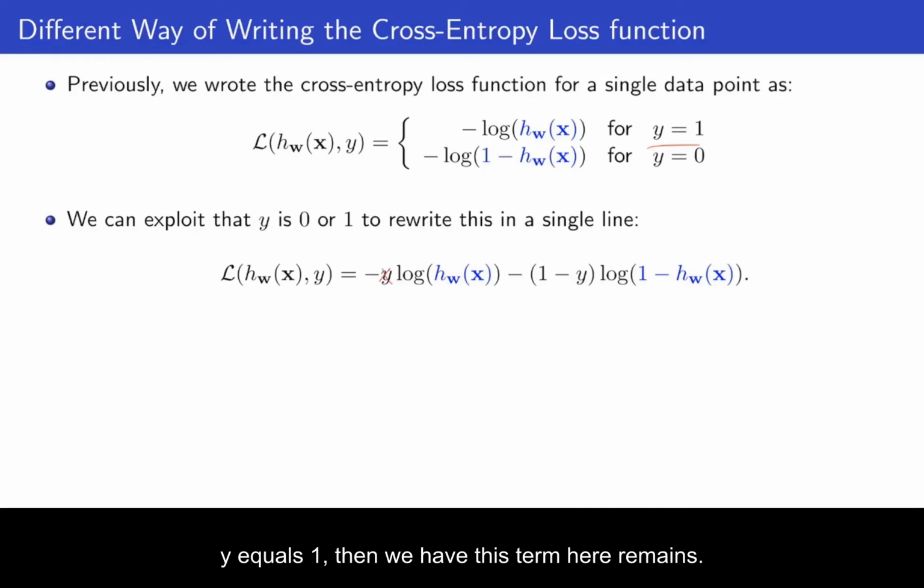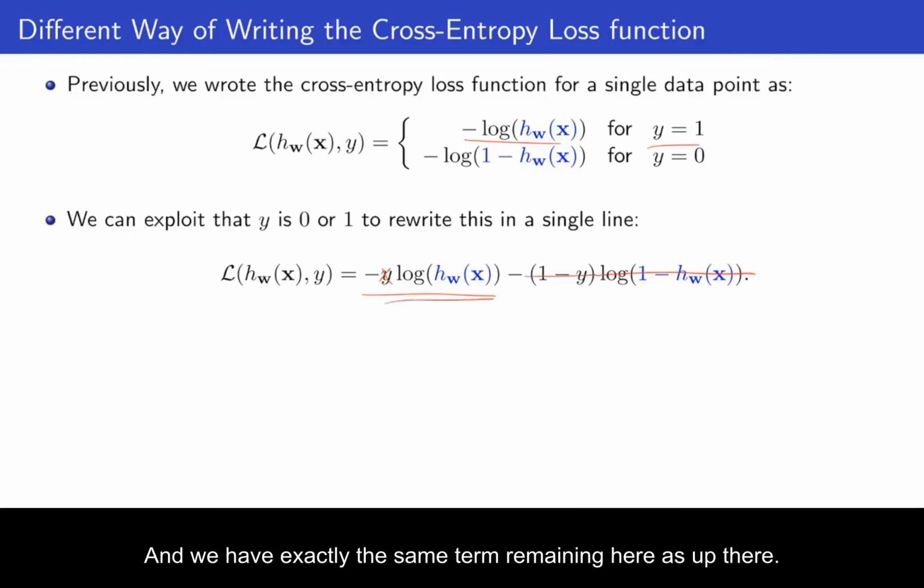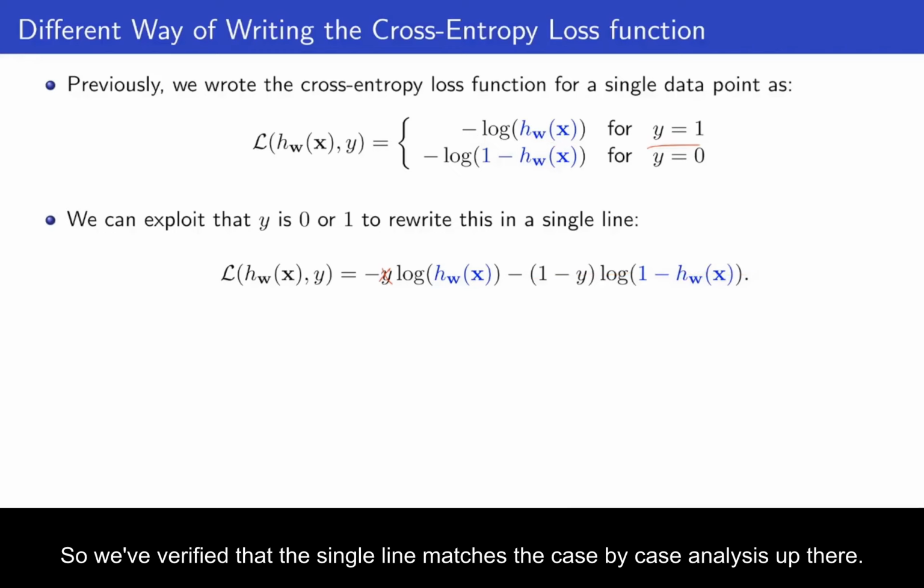Then this term here remains. And here we have 1 minus 1 is 0, so this whole term goes away. And we have exactly the same term remaining here as up there. So we verified that the single line matches the case-by-case analysis up there.